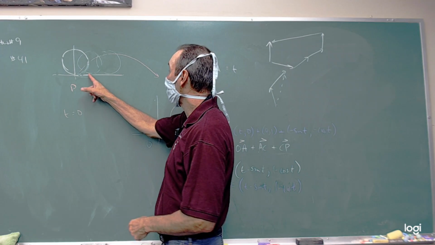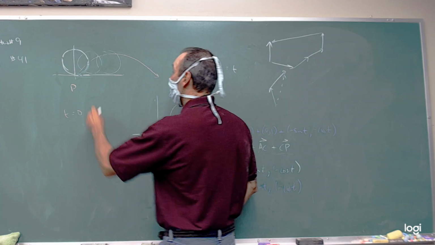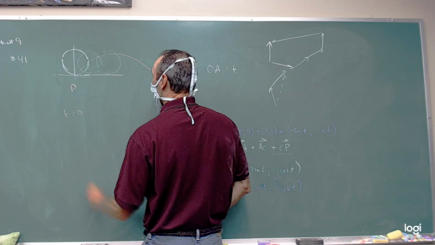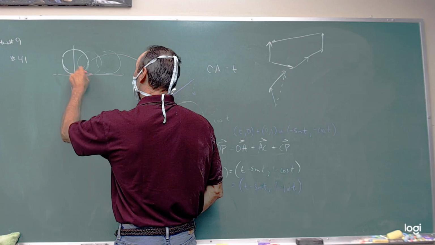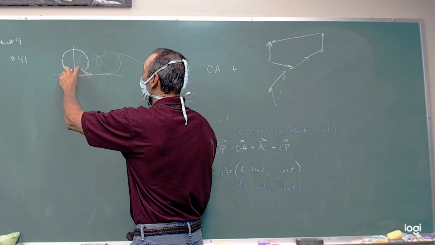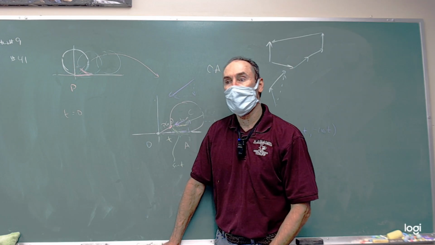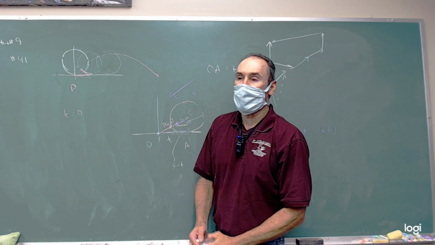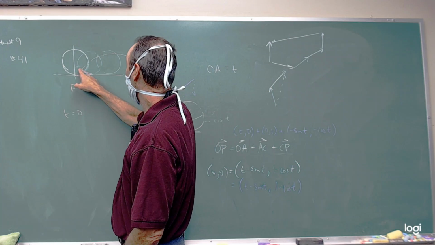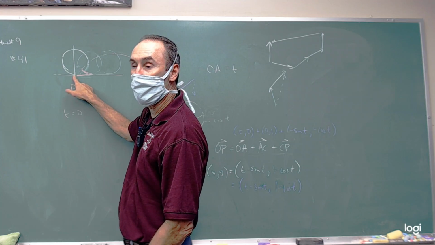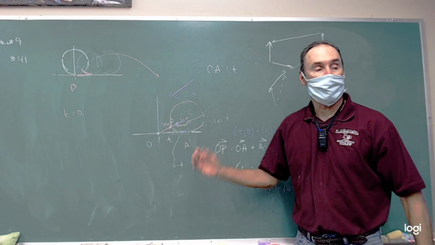It might be better shown here, where this is going to be the same as that. What I'm trying to do is, if I go backwards in time, this point is going to match that point, but obviously I'm not doing very well.